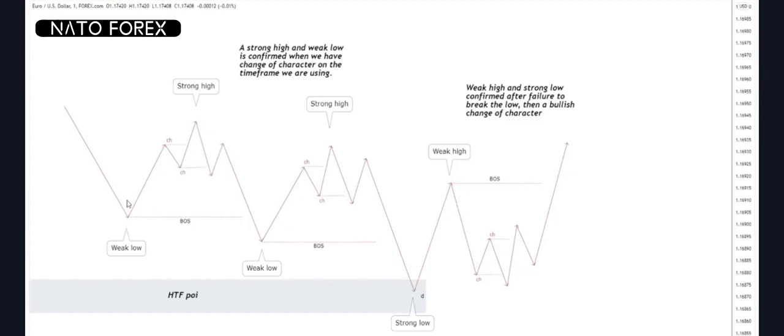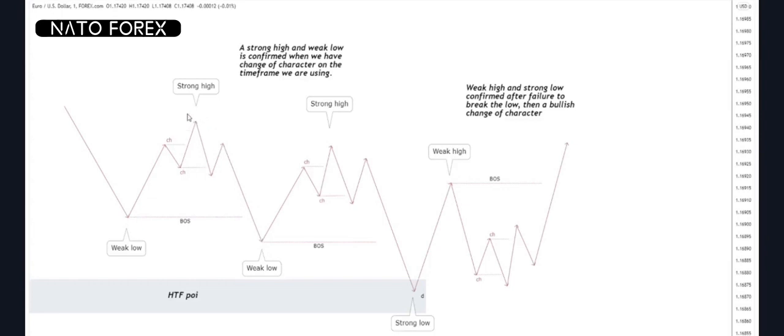This now becomes weak. This is our target. Why is it weak? Because we don't have enough buys in the market to take out our recent high. So once this low is taken out, which it does, this now becomes strong.